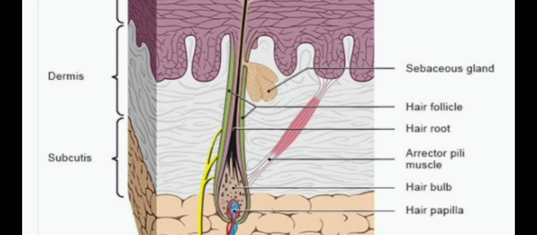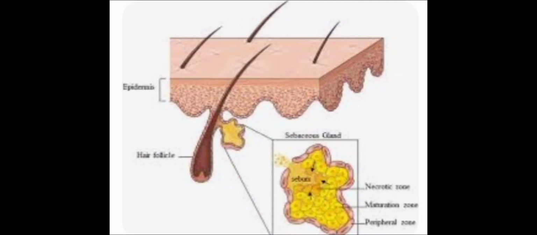Sebum contains lipids, antimicrobial substances, free fatty acids, and matrix metalloproteinases. These elements, combined with the formation of the cutaneous lipid film, help to protect the skin from external drying.